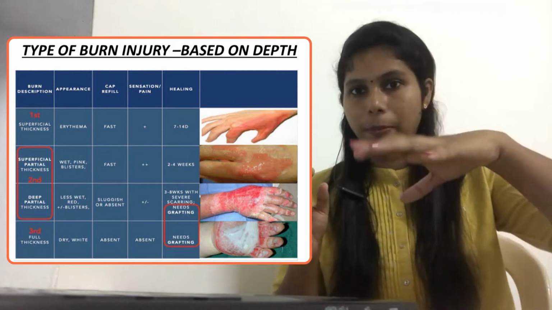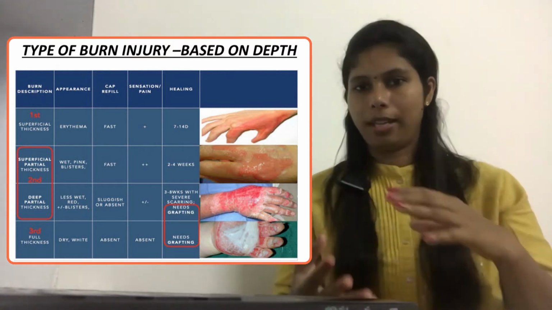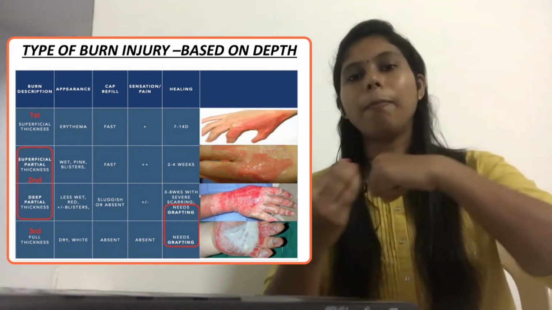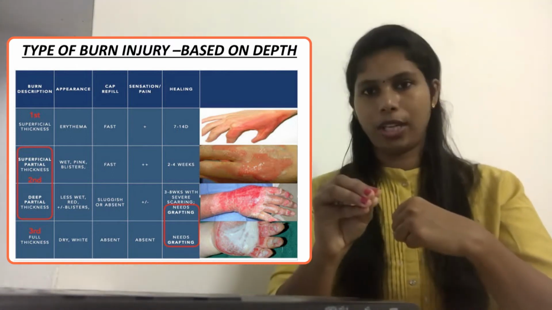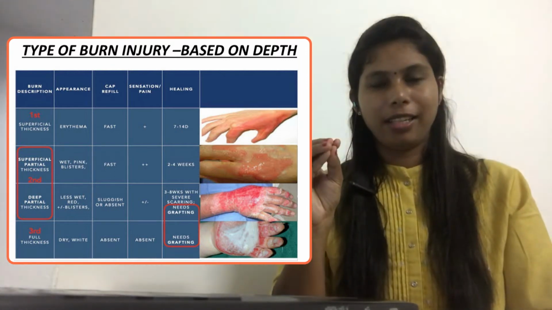Just keep the words in mind: superficial partial thickness. It will affect the epidermis and some part of the dermis, not the entire dermis, only the superficial part. And there will be blisters.